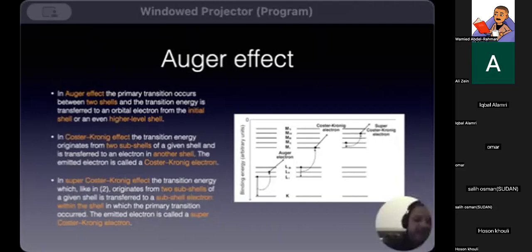So if we have a transition between subshells and the energy is given to an electron in a different shell, this is called a Coster-Kronig effect. So the transition energy originates from two subshells, and this energy is given to another shell.